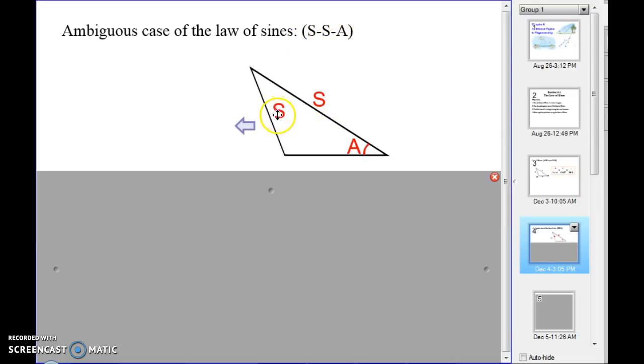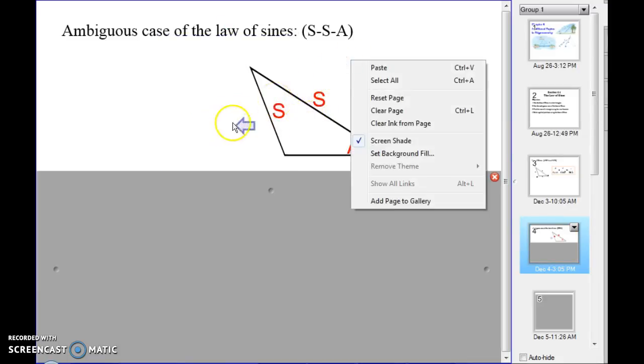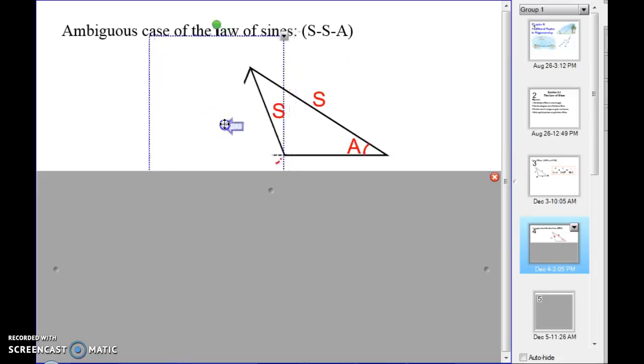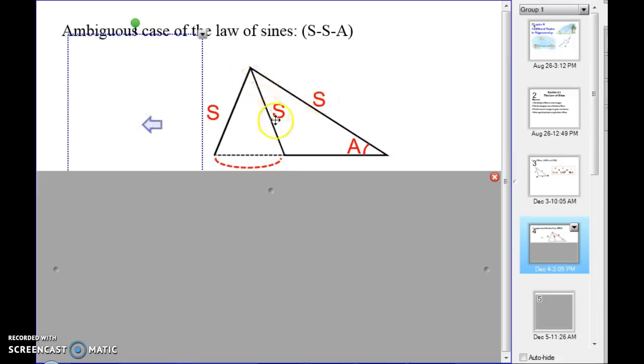Because if you take this side here and swing it around, you can actually make a second triangle that also has that exact same side and angle. And that's why we call it the ambiguous case, because ambiguous means the unclear or not certain case. So when you have side side angle, there might be two different triangles that it could be.